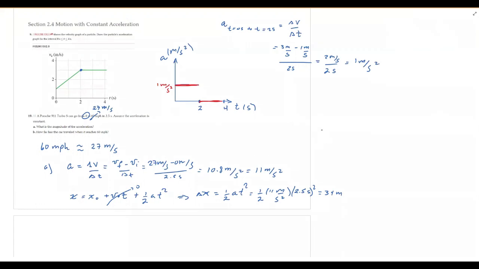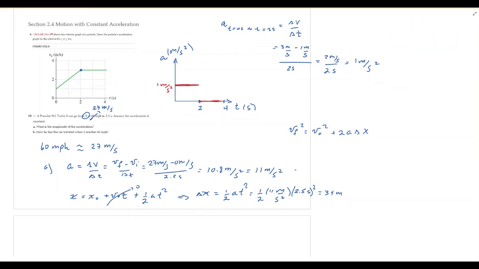Because, for example, let us see what happens if we try to calculate this same delta x using other information that is available there. I know that v final squared is equal to v initial squared plus 2a delta x.